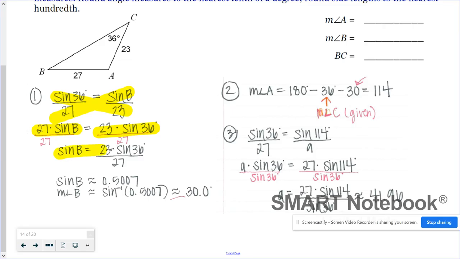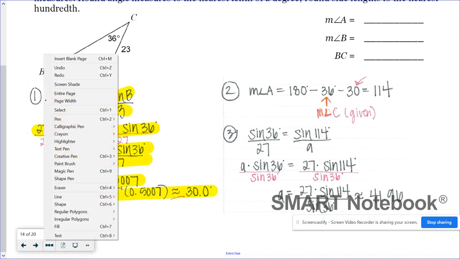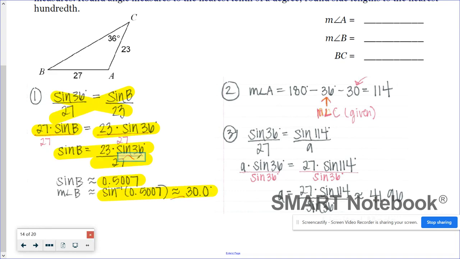I end up with sine of angle B equal to 23 times sine of 36 divided by 27. I calculated that and got the decimal 0.5007. Then I realized I don't know the angle measure, so I have to calculate the inverse sine of that decimal to get my angle. So I've discovered that angle B is 30 degrees.